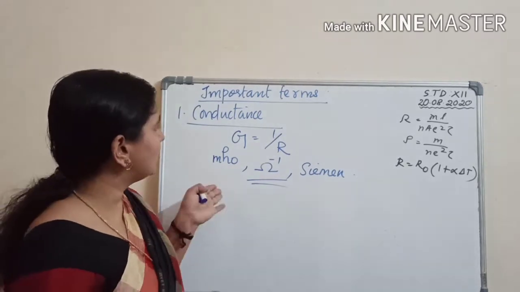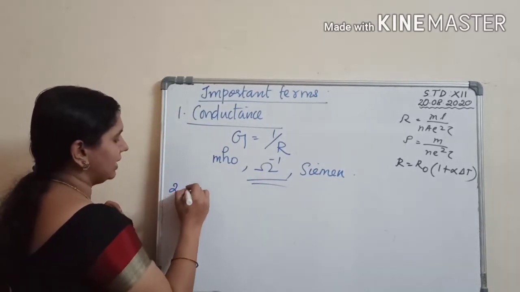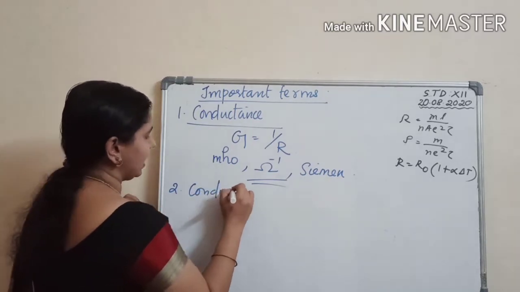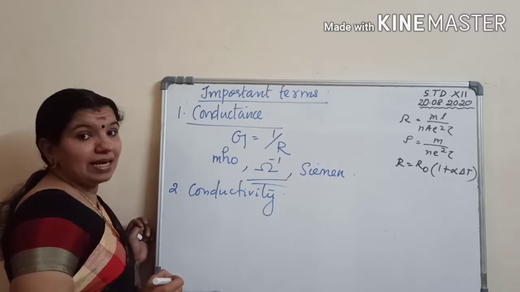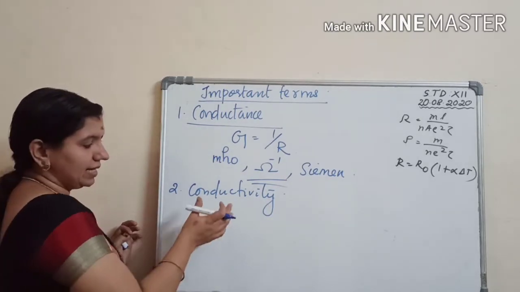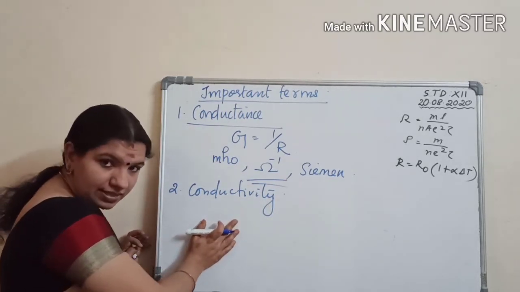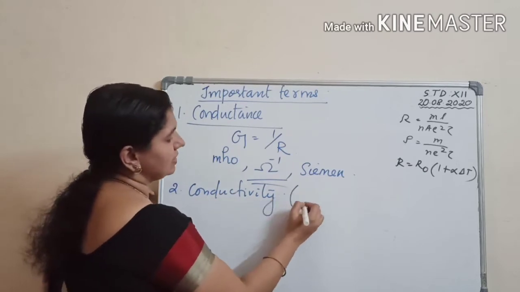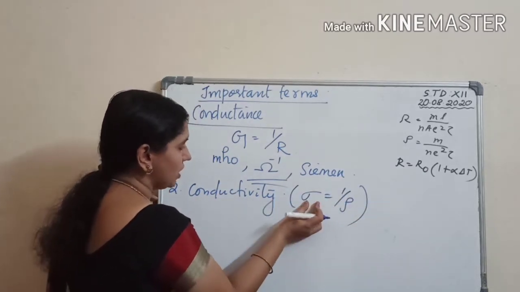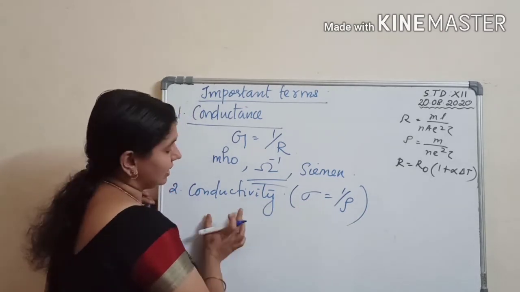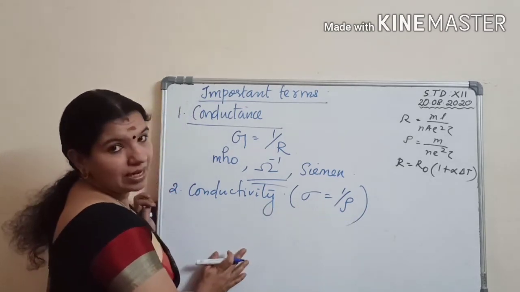Now the second term is conductivity. Conductivity is the reciprocal of resistivity, represented as sigma. Sigma equals 1 by rho. Don't get confused: sigma is conductivity and rho is resistivity.